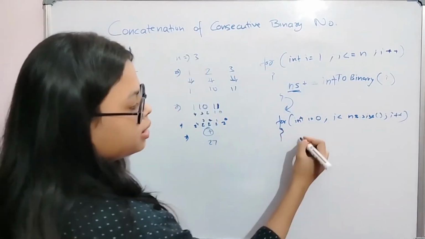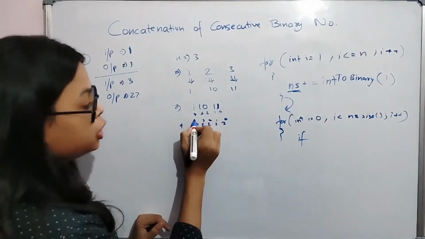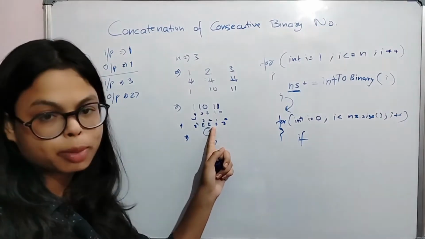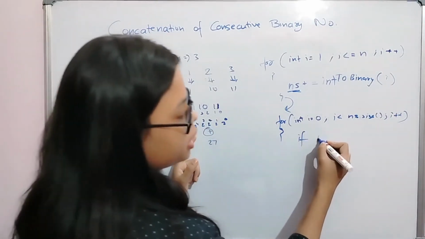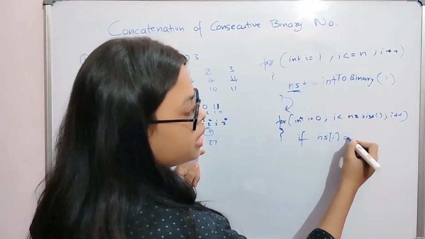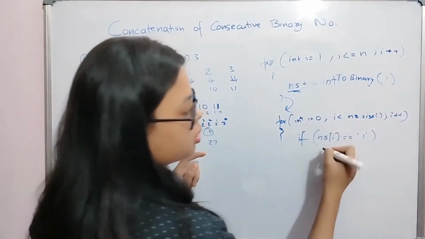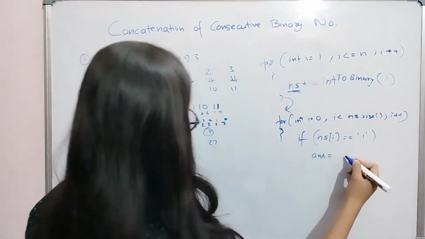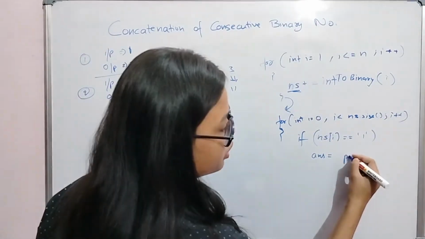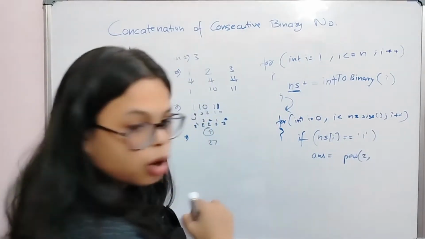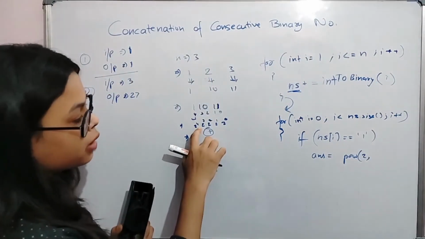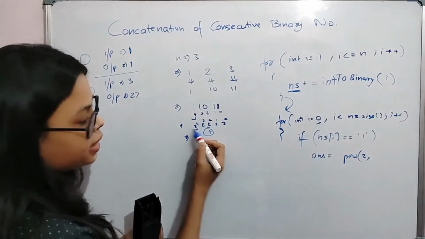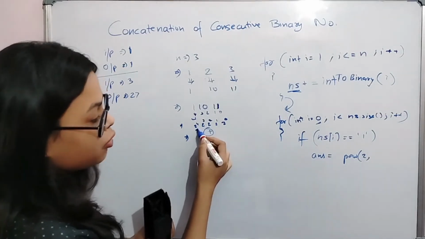If newString[i] is 0, we won't add anything. If newString[i] equals 1, then answer equals the power of 2 with some exponent. For index 0, the power will be 4, so how will we get this 4?